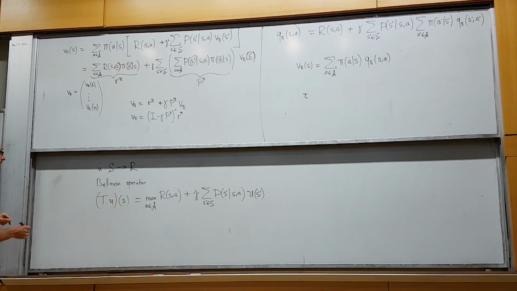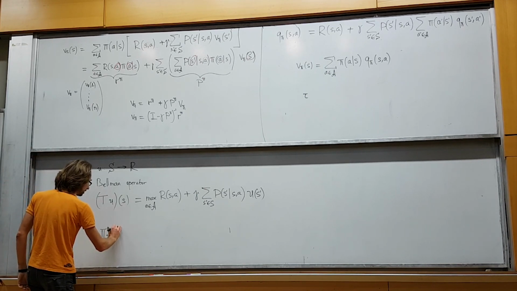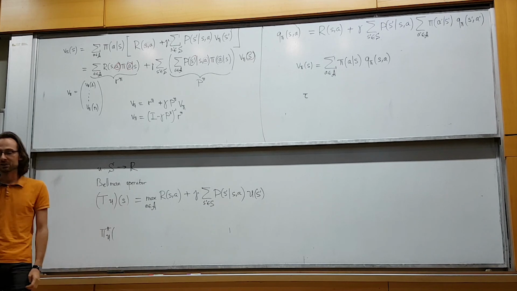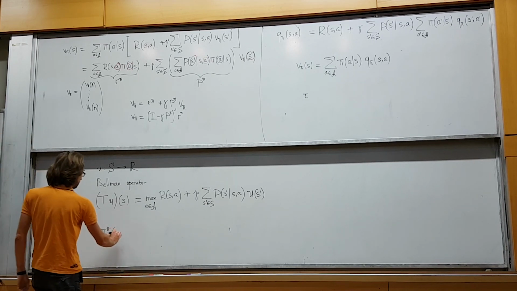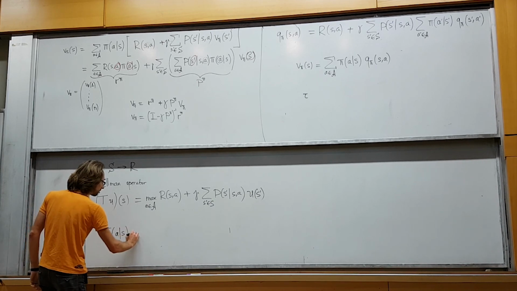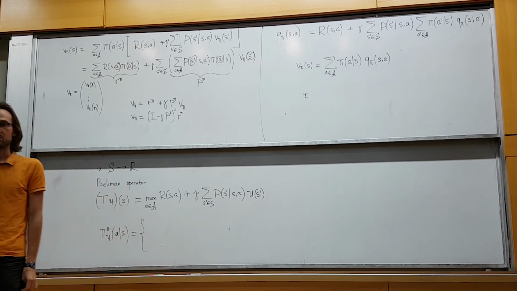Okay? Now, I will also define a deterministic policy in the following way. So you are giving me a value function, u, and I will define some deterministic policy that I will write as pi star u. Again, a policy is a function that accepts a and s, so I will define it as a function of a and s. It is deterministic, meaning that it will give a singleton conditional distribution. Okay?